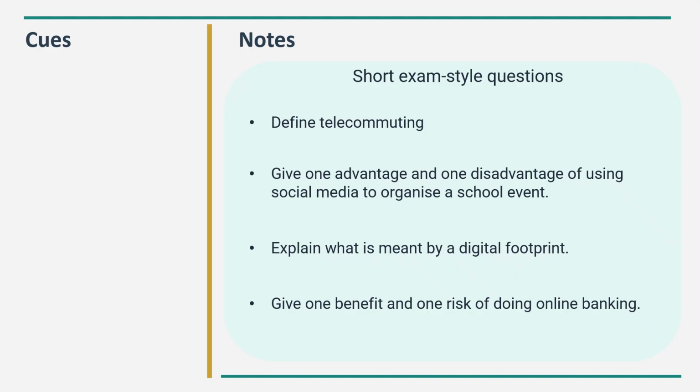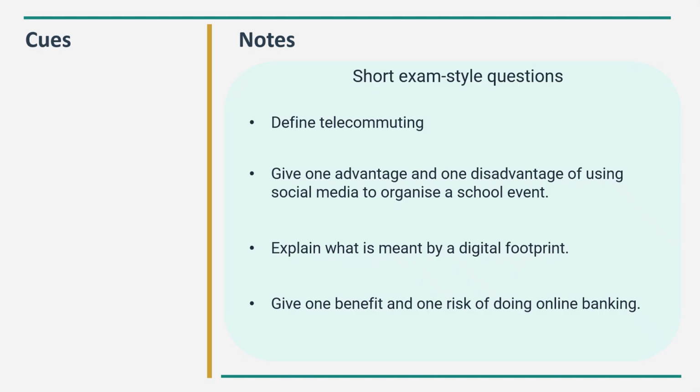Answer number 1. Telecommuting is working from home using ICTs like the internet, email, and your phone instead of traveling to the office. The advantage of social media for a school event is that it reaches many learners quickly and cheaply. Unfortunately, the disadvantage is that false information can be spread, and people that do not have access to social media might be excluded.